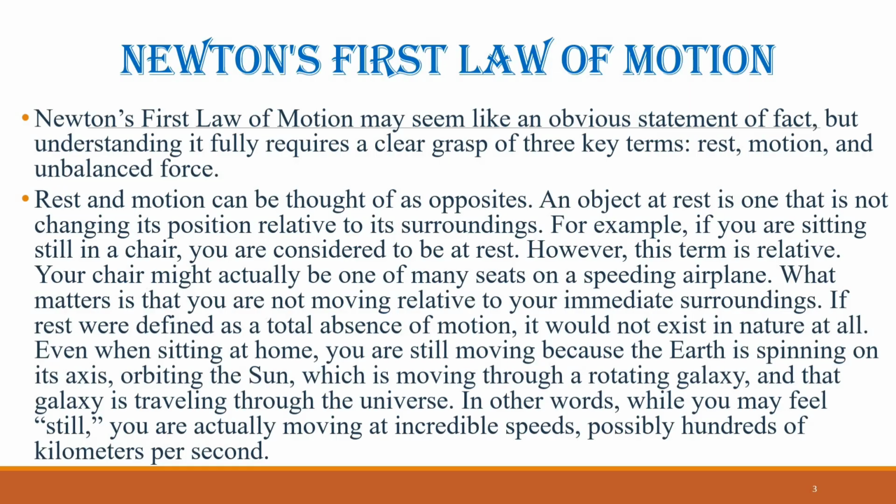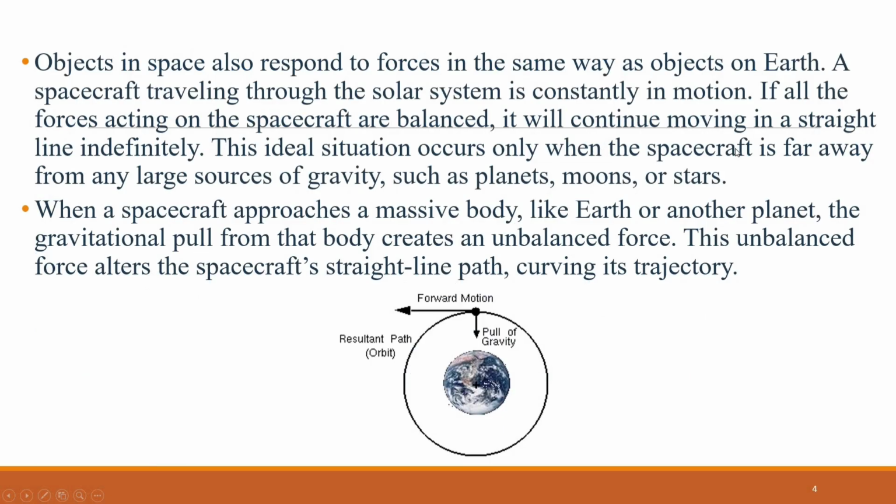Later in its flight, as the fuel is consumed and thrust decreases, the forces gradually balance again. The rocket slows, reaches its highest point, and eventually falls back to Earth under the influence of gravity. Objects in space also respond to forces in the same way as objects on Earth.